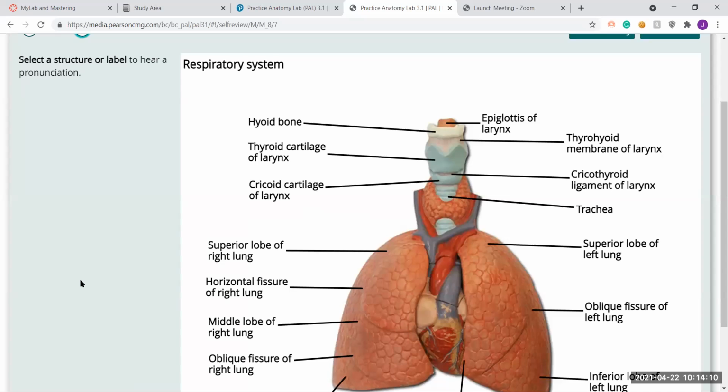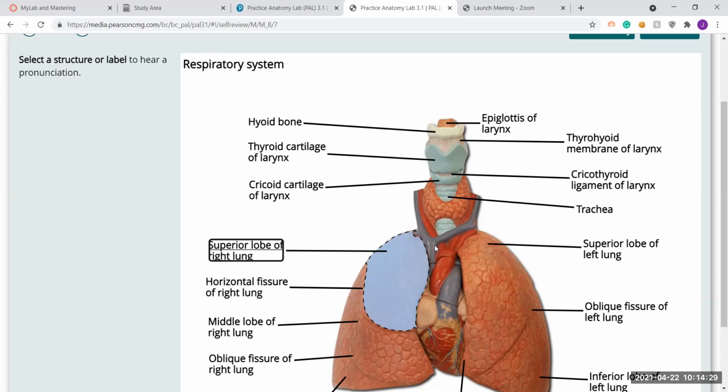Okay, respiratory system. Now the lower part of the respiratory system we call the lower respiratory tract. So here is the larynx, and then thyroid cartilage, thyroid gland, and then great vessels. Here is the heart.